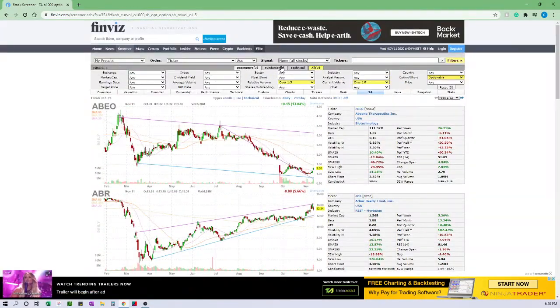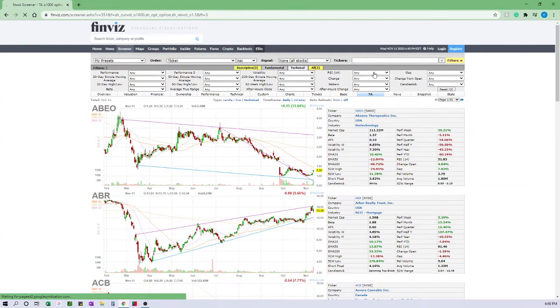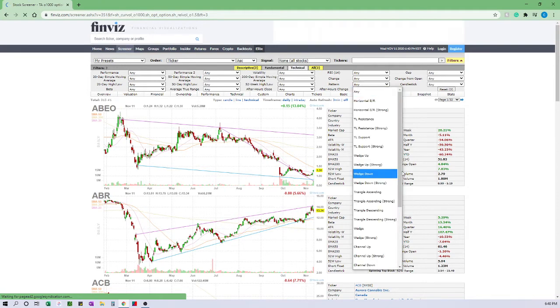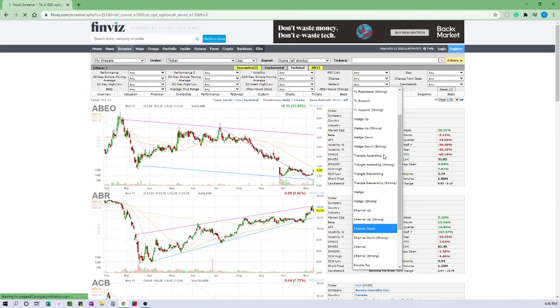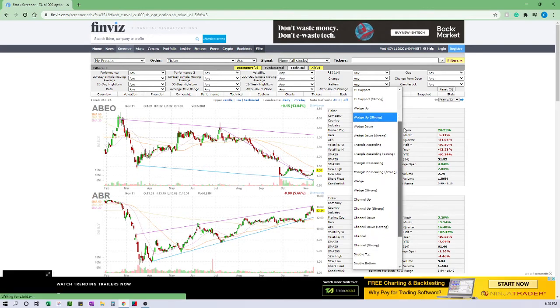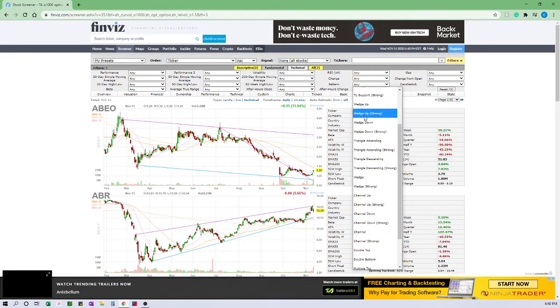So a lot of times I like to go to technical, and you can come to this pattern tab. You can literally pick any of these chart patterns. One, if you're having issues drawing chart patterns, FinViz is awesome, because as you can see over here, they draw them all.